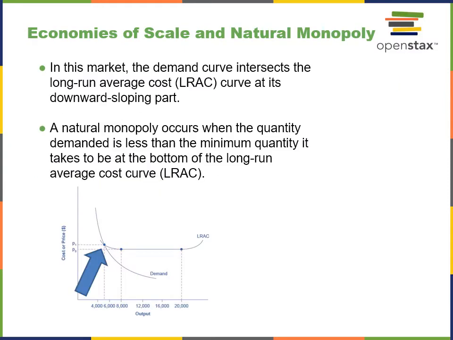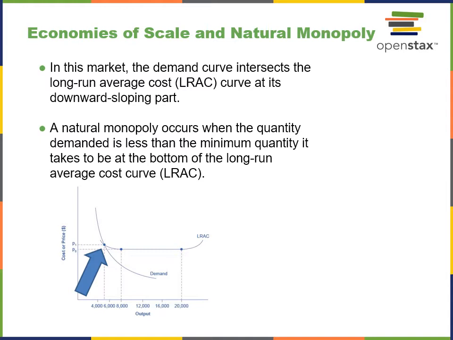Okay, let's talk about economies of scale and the natural monopoly. In this market shown below, the demand curve intersects the long-run average cost curve at its downward sloping part. So a natural monopoly occurs when the quantity demanded is less than the minimum quantity it takes to be at the bottom of the long-run average cost curve.